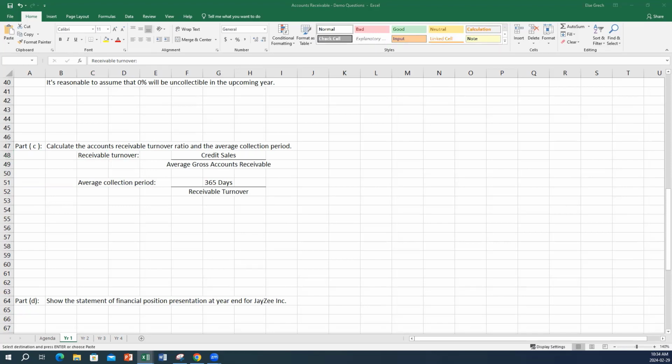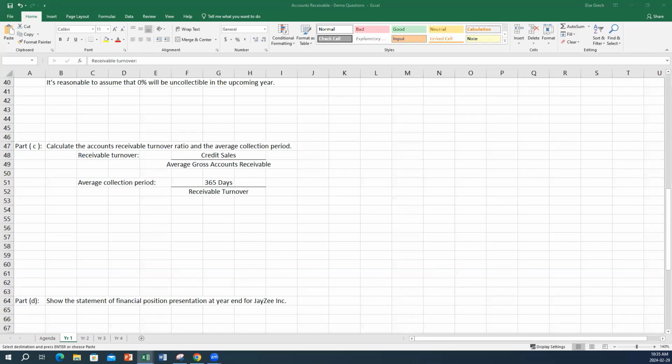Why do companies calculate the receivable turnover? Well, it's because you need to keep a watchful eye on the relationship between sales, accounts receivable, and collections of cash. If sales increase, you would expect accounts receivable to increase also, right? Because if you're selling more, you're probably selling more on credit. But if accounts receivable is increasing and sales are not, or accounts receivable is increasing and sales are going down, that would really tell you that you have collection problems, right?